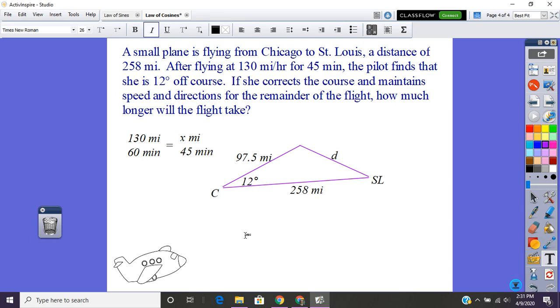So if I'm going to do that, I'm going to have D squared equals 258 squared plus 97.5 squared minus 2 times 258 times 97.5, and then cosine of 12 degrees.